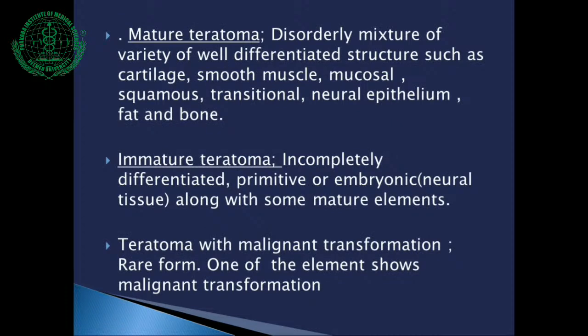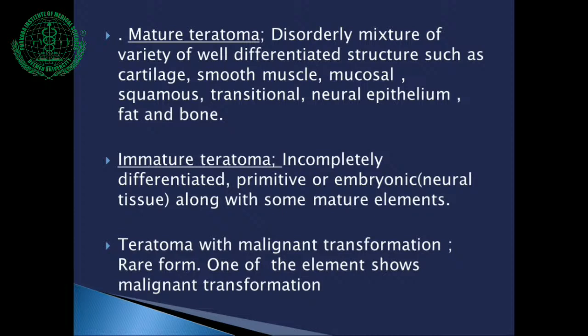Will be seen in the mature teratoma, the immature teratoma, and a teratoma with malignant transformation. Mature teratoma shows the presence of various heterogeneous structures such as cartilage, smooth muscle, mucosal epithelium, squamous epithelium, transitional epithelium, or any other mesenchymal tissue.